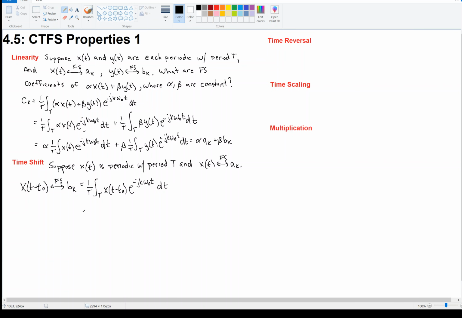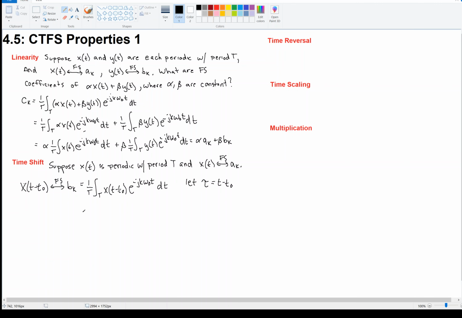Right? Now, I'm gonna pull a trick here called change of variables. I'm gonna call this a dummy variable. I'm gonna pick something other than t, usually tau, and I'm gonna let tau equal t minus t0. The idea is that I want to use the analysis equation, the definition of the Fourier series, to analyze x of t.